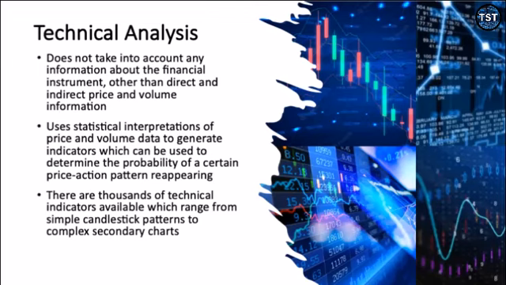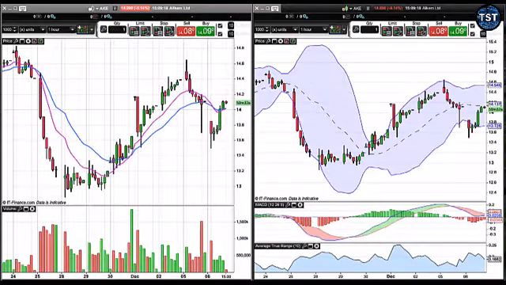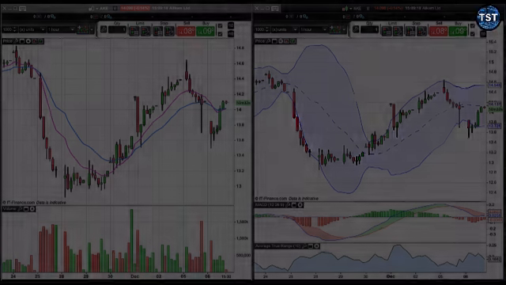There are thousands of technical indicators available, from simple candlestick patterns to complex secondary charts such as point and figure and Heikin-Ashi. Purist TA traders do not take into account anything about the stock or instrument itself and use only statistics based on price movements to make their buy and sell decisions. Short-term traders and day traders use technical indicators superimposed on dynamic charts almost exclusively.